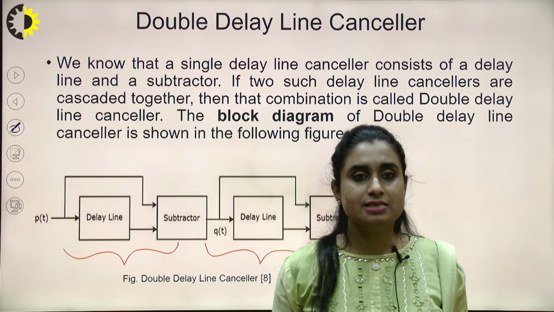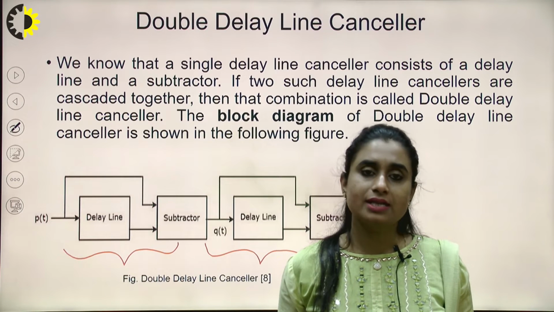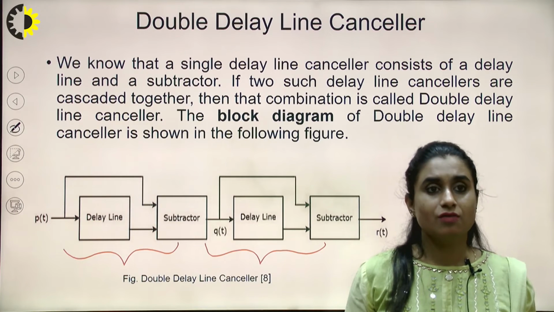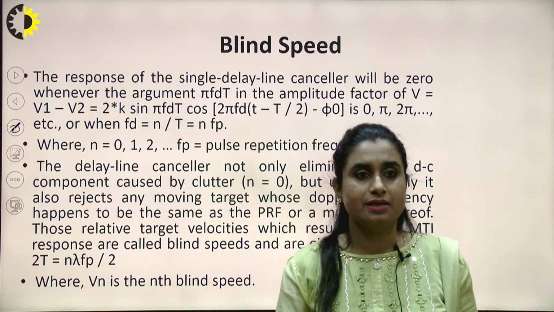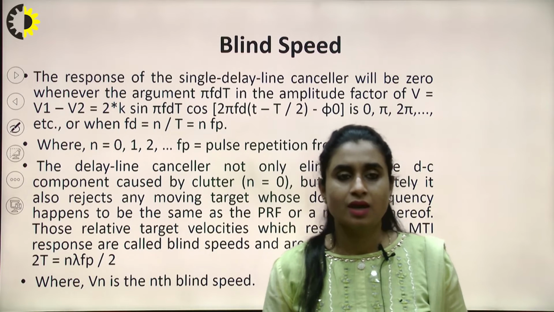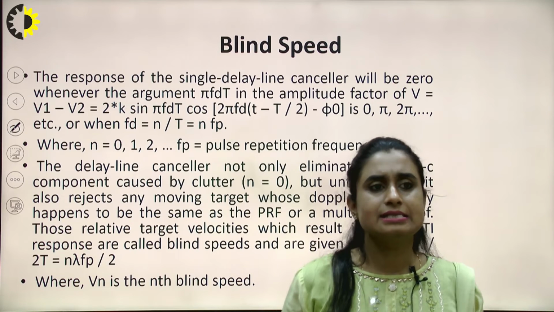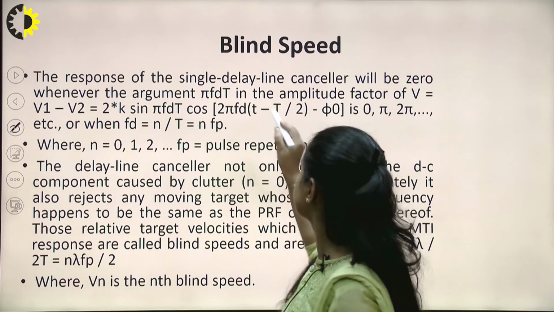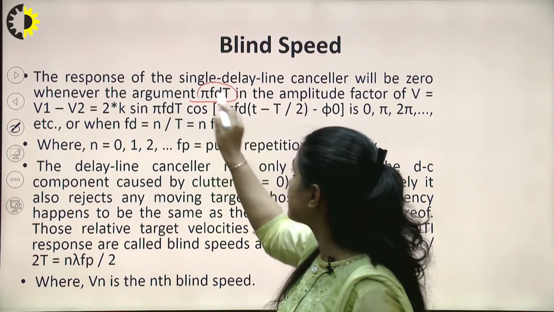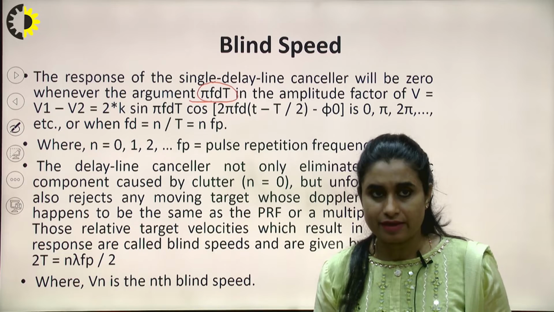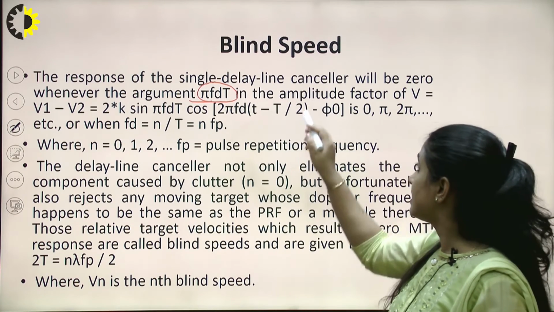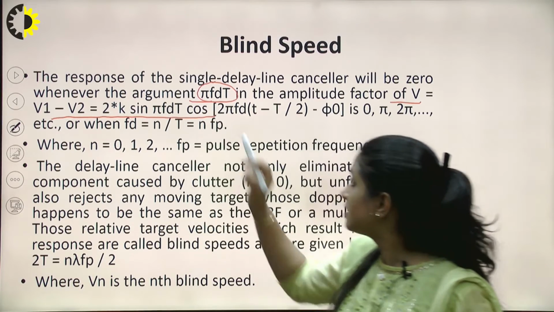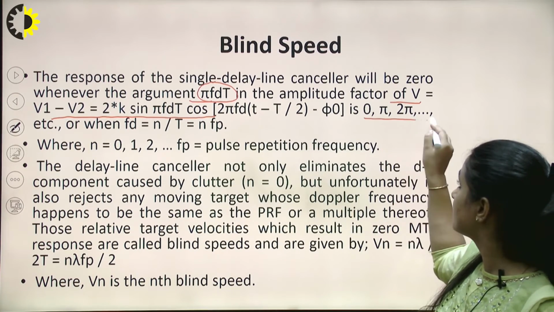And what is the reason behind this? Why are they not capable of removing my DC components fully? This is because of a phenomenon called blind speed. Now, what is blind speed? We know that the response of a single delay line canceller will be 0 whenever the angular argument in the amplitude factor of V equals V1 minus V2 is 0.